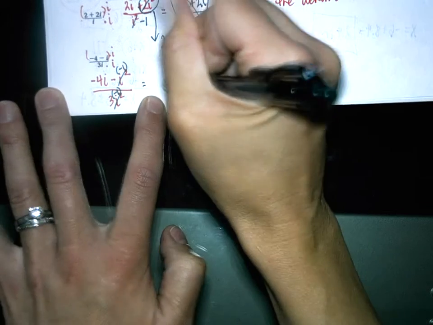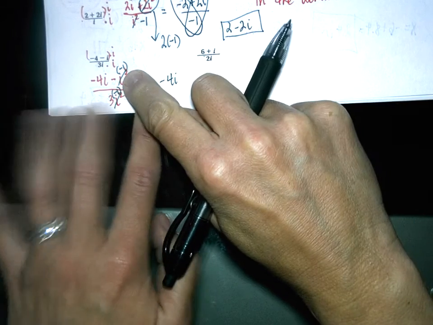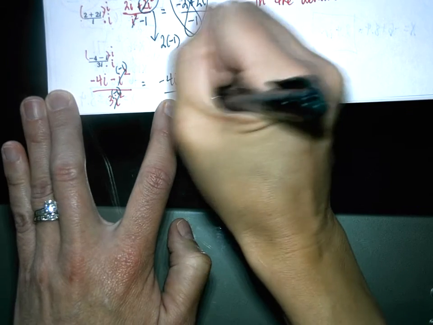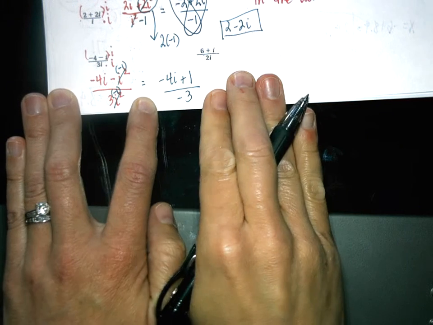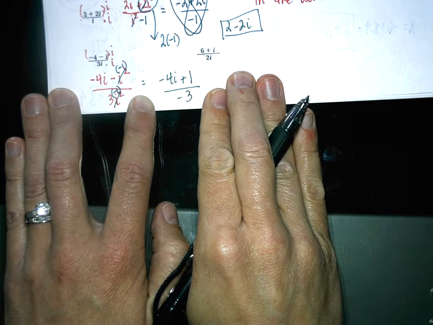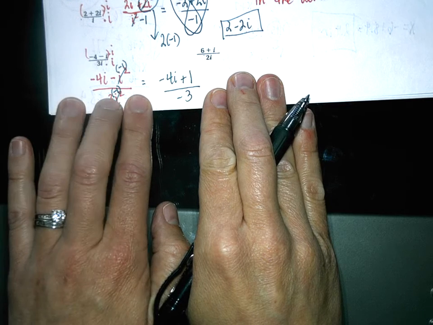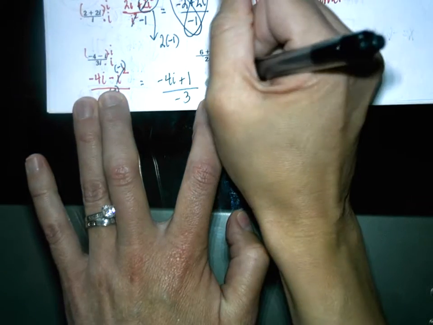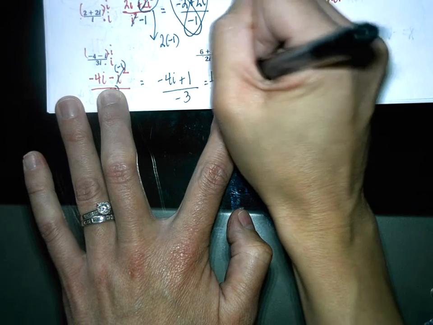We have negative 4i, but what's a negative and a negative make? A positive 1 over negative 3. Can this one be simplified? No. So we can just leave our answer like that. The only thing I would change is to write this as 1 minus 4i over negative 3.